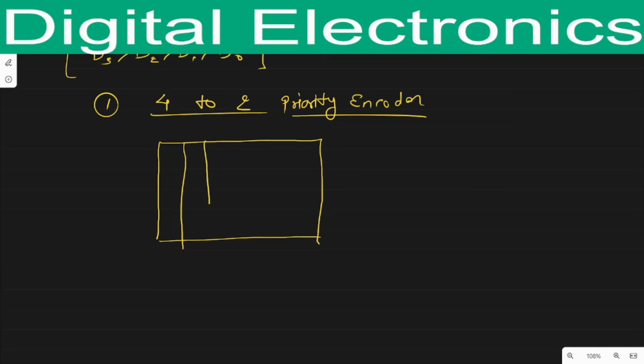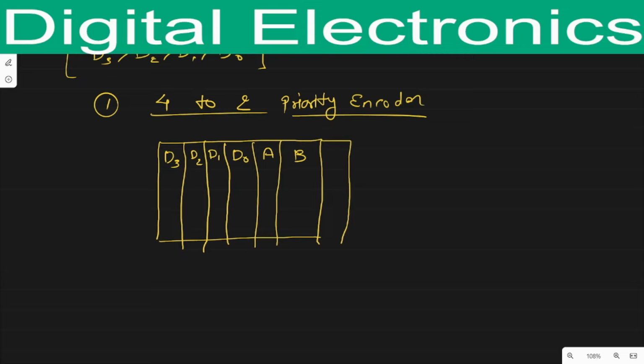Here I am taking the inputs D0, D1, D2 and D3, and accordingly the outputs are A and B. But to check the validity of the output, we can also take one more output that is represented as V.